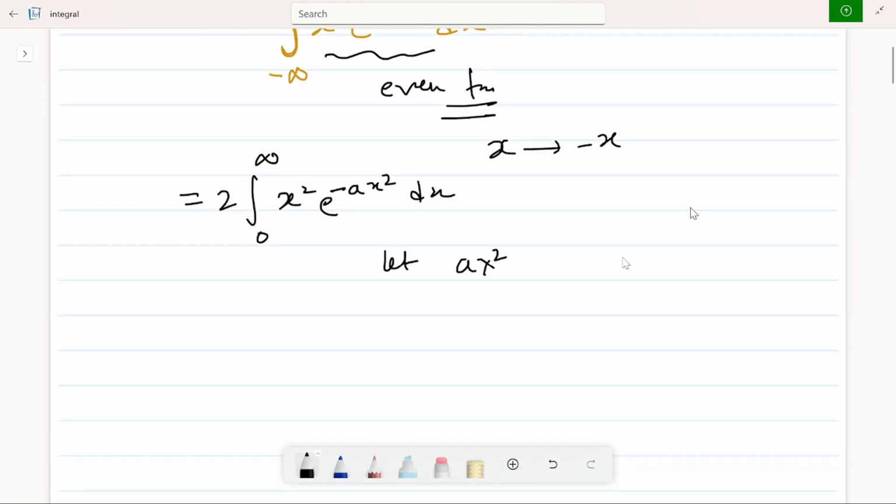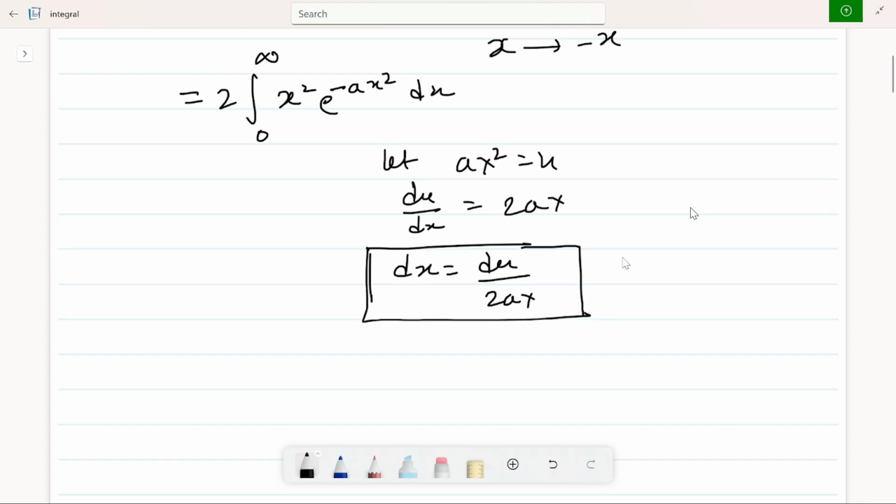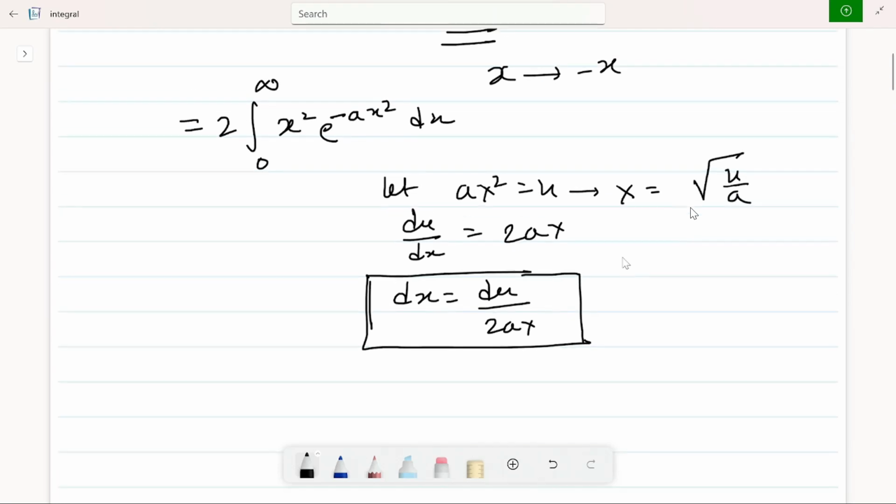Let ax square be equal to u, then du upon dx becomes 2ax and dx becomes du by 2ax, right? For one more substitution, we can write that x becomes square root of u upon a.